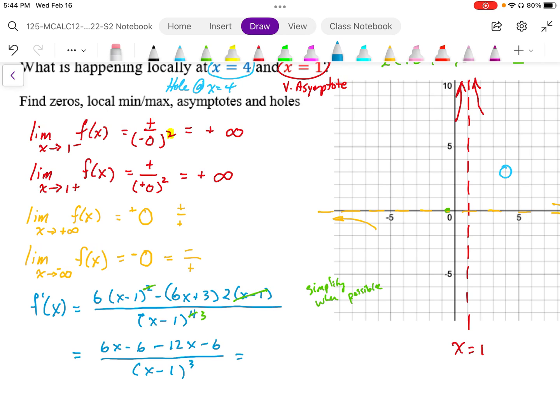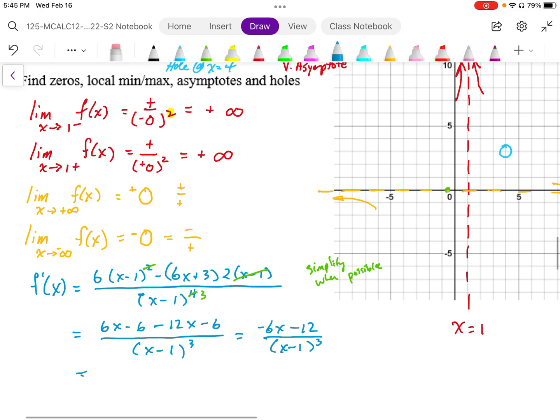But I can simplify that into negative 6x minus 12 all over x minus 1. And I'm going to simplify that to factor the negative 6 out. So I get x plus 2 over x minus 1 cubed.